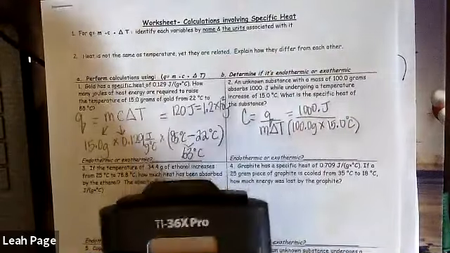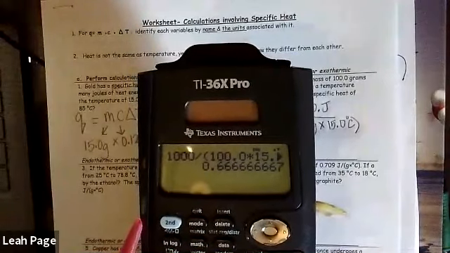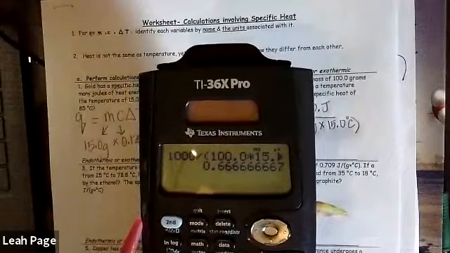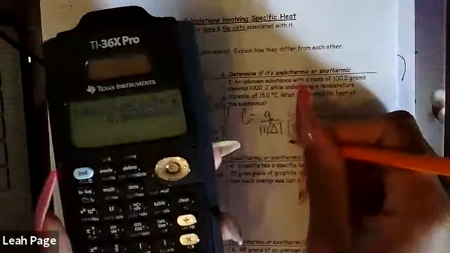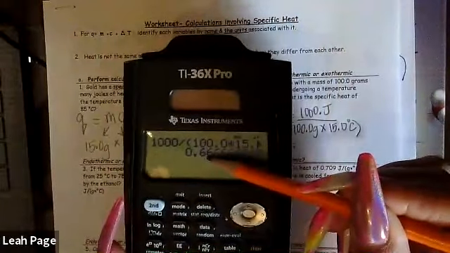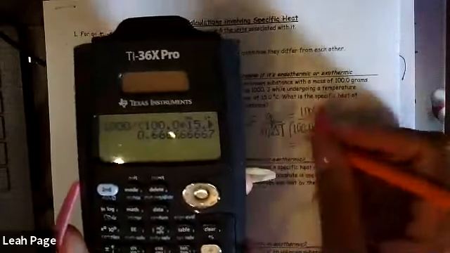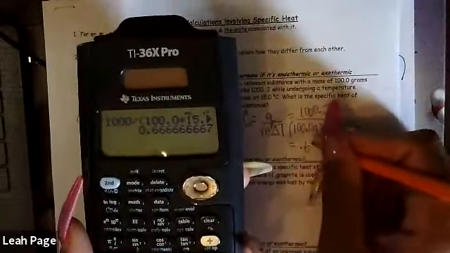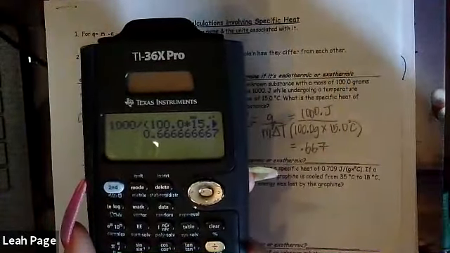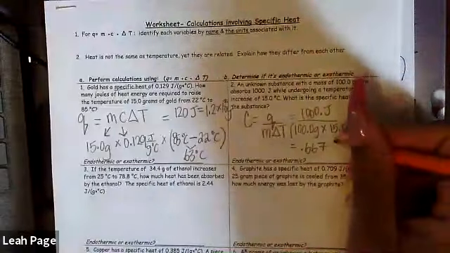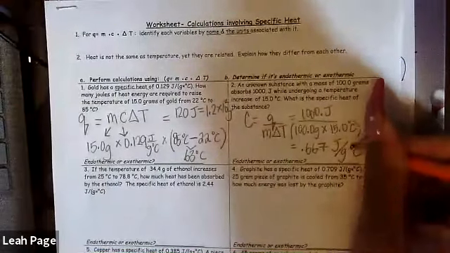You guys told me I needed 3 sig figs. With 3 sig figs, what should this answer be? 0.667. Remember to round. So we're gonna say 1, 2, 3. We look to the right, it's still another 6. We're gonna round this up to 7. So 0.667. And the units are gonna be joules per gram degrees Celsius.